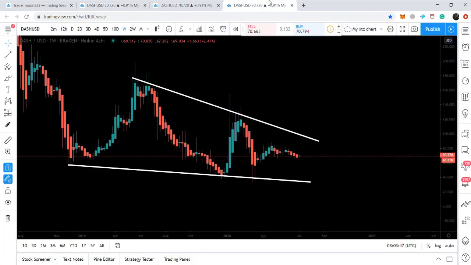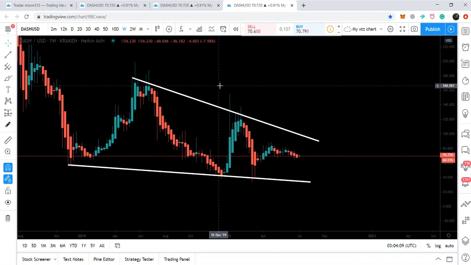If we switch to the long-term weekly chart, the price action has formed a falling wedge pattern, and after hitting this resistance level, the price action dropped down to the support, and at this time the price action is moving at the center of this falling wedge pattern.